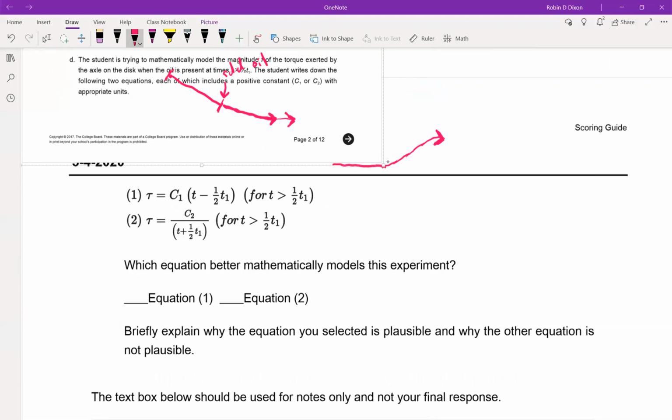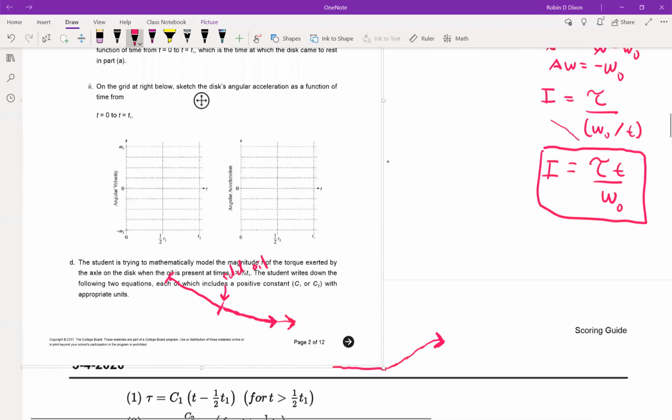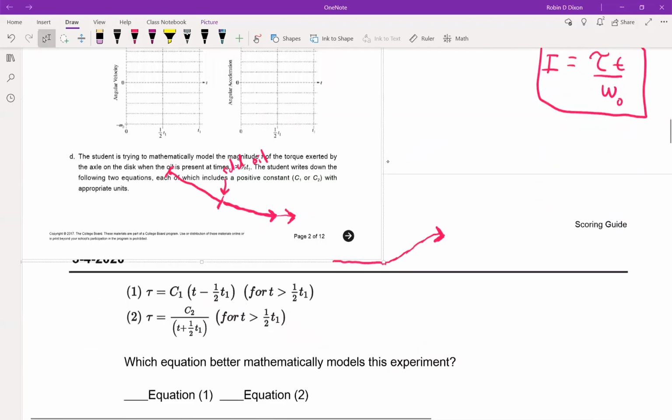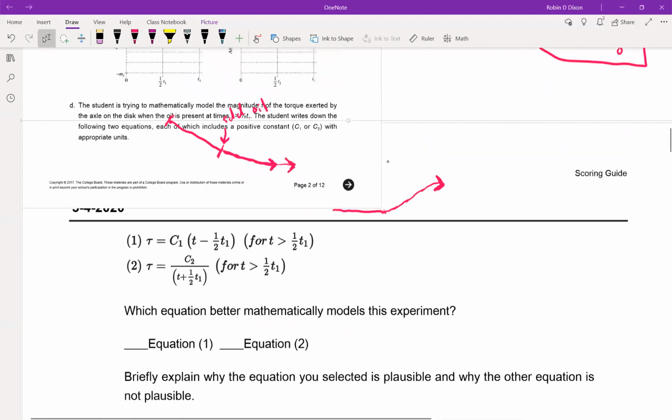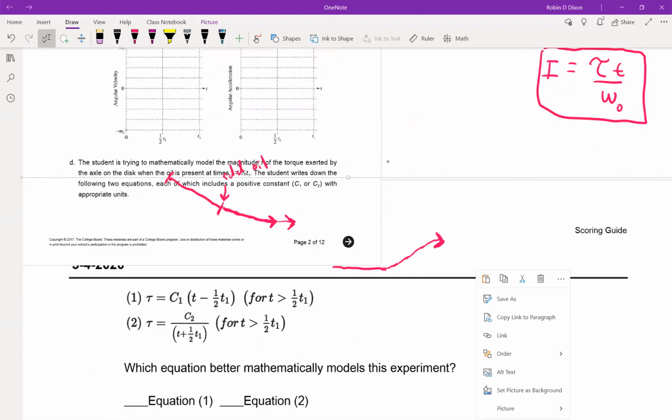Let's just think about this. What do we say is happening? Let's just remember we said the acceleration is becoming more and more, this is going closer and closer to 0. That means acceleration is getting smaller with time.